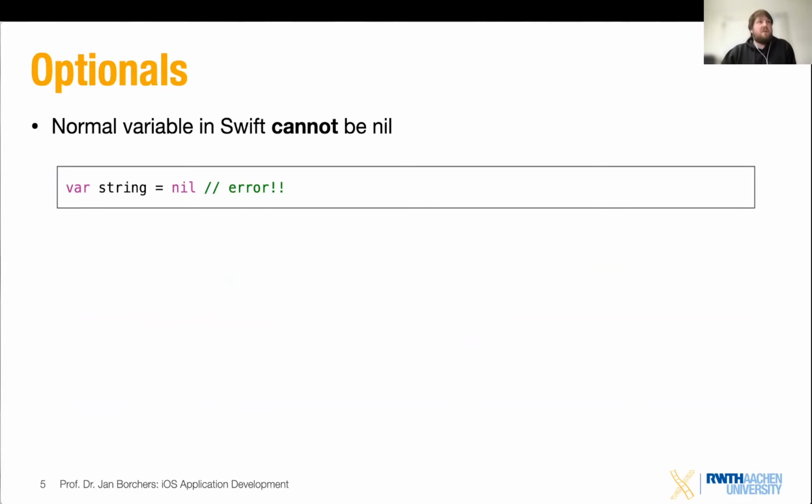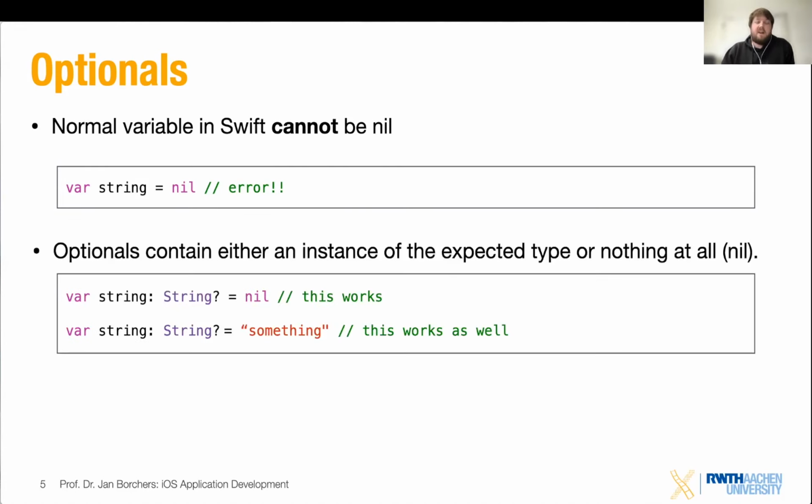But the way Swift allows you to specify a nil value is by using optionals. And optionals essentially can have two states. One state is that it has a value of the expected type, or the other option is that there is nothing at all in it. That is then the nil value.